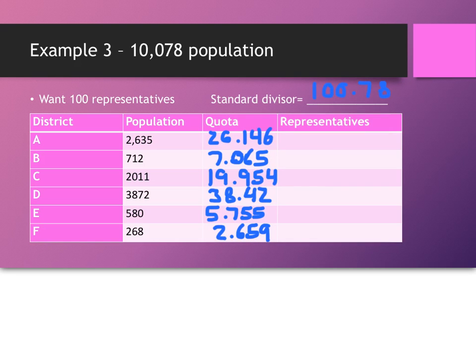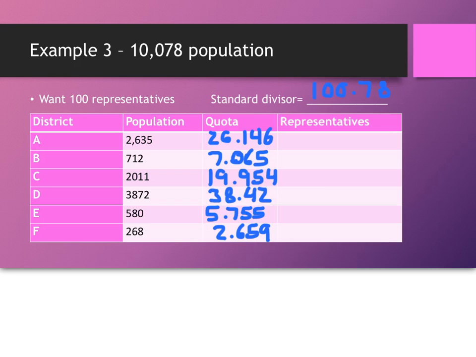So we see that here, when you add these things all up, if you give everybody the lower quota, 26, 7, 19, 38, 5, and 2, we'd get a 97 as the total lower quota. So we have to add 3 more to get the 100 representatives we want.